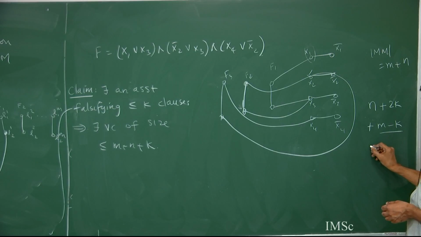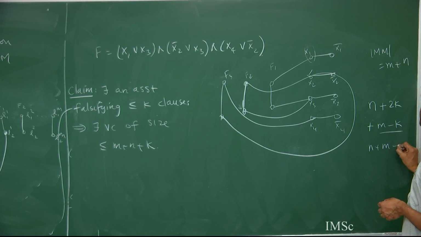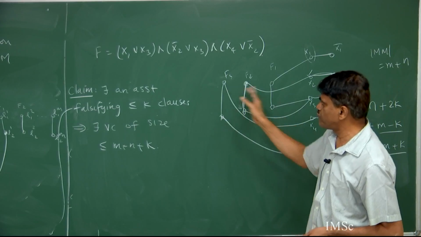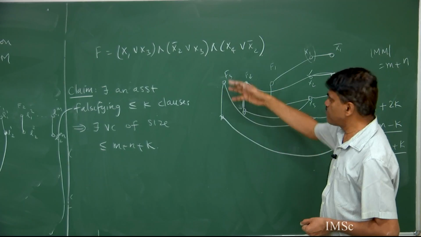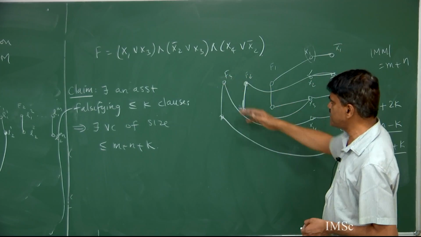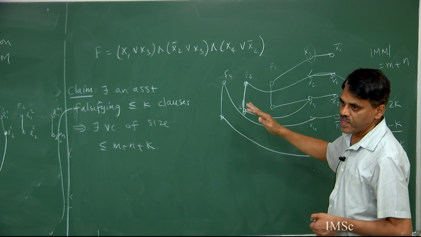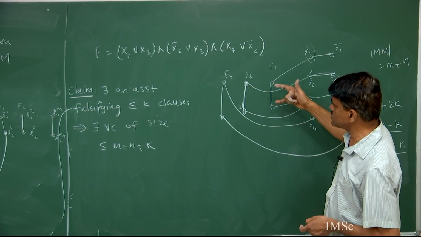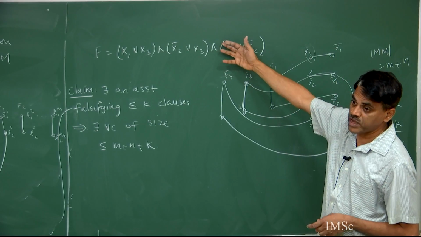Okay. So, I claim that I just need one of each of the other clauses. So, totally I will have a vertex cover of size n plus m plus k. I picked n plus m plus k vertices, and why is it a vertex cover? It covers all the cross edges, and the key thing is to cover the cross edges. That I argue by saying that each of the remaining clauses is satisfied by my assignment.